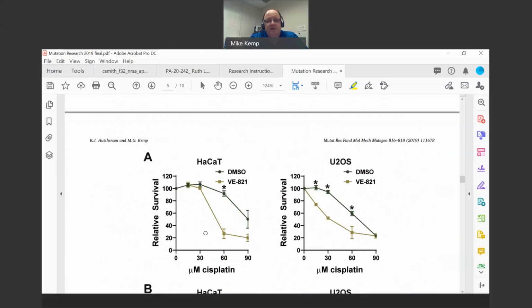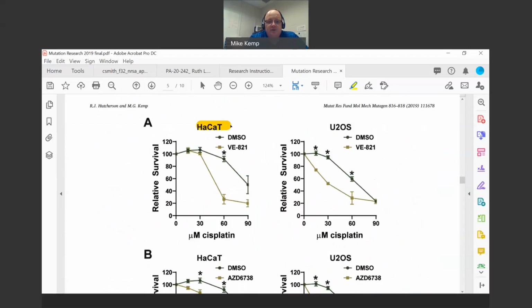So what is the function of ATR? What happens if we inhibit ATR in these cells? One of the more common things to look at when people do these sorts of studies is survival. How does it affect cell viability? So we took, again, Hackett and U2S cells, pre-treated with DMSO or this ATR inhibitor V821, then exposed the cells to increasing doses of cisplatin, and then looked at cell survival by crystal violet staining.